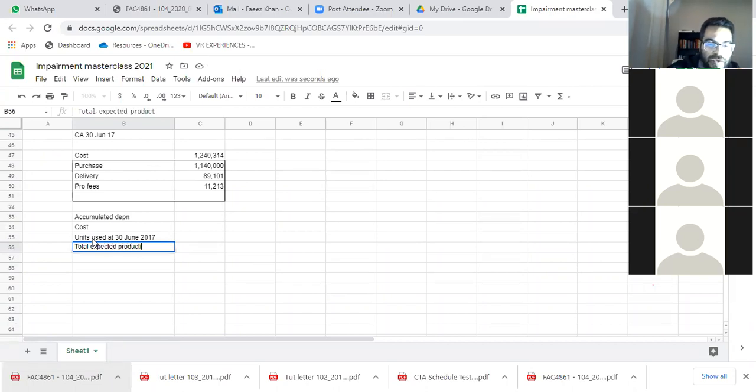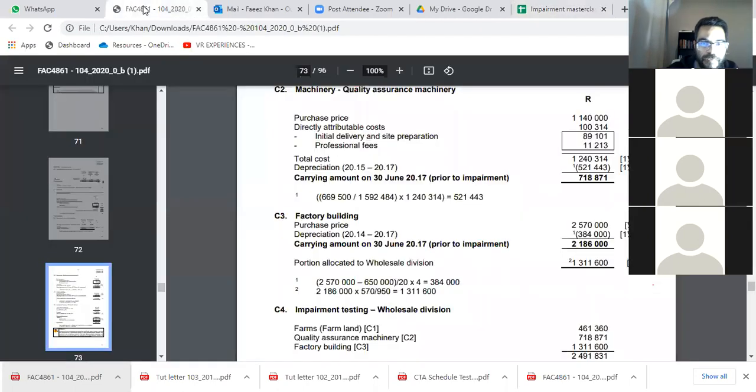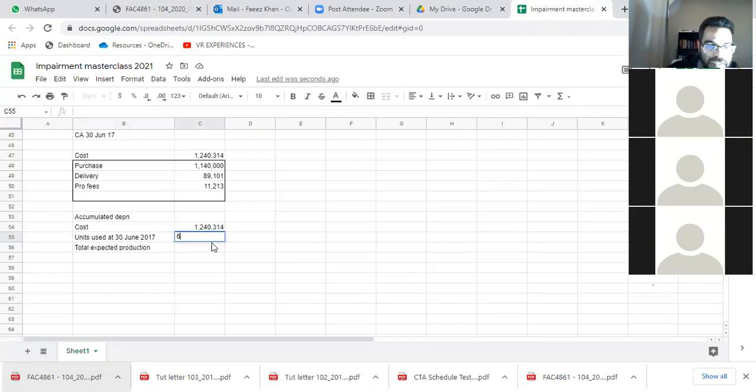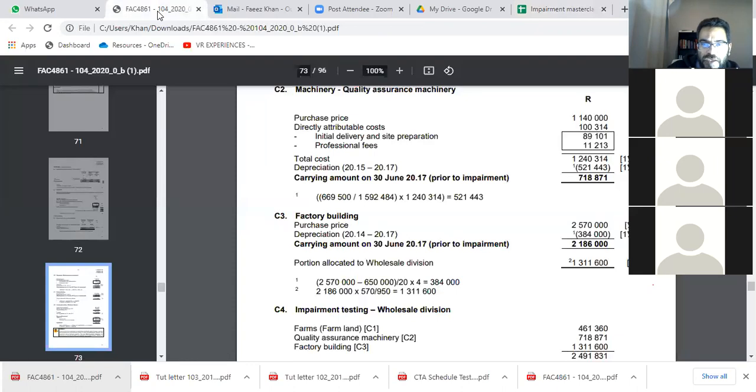What was the units at 30th June 2017? It was 669,500. Expected is 1,592,484.